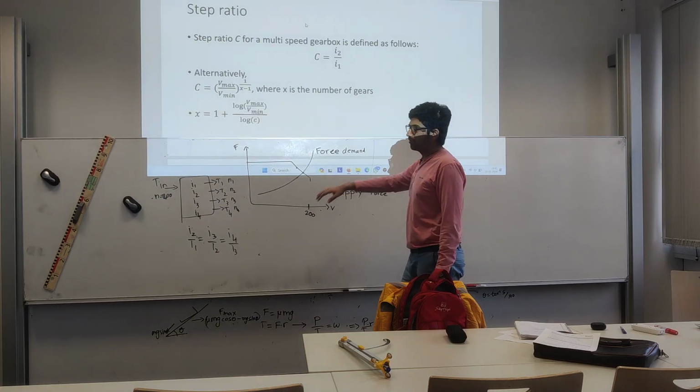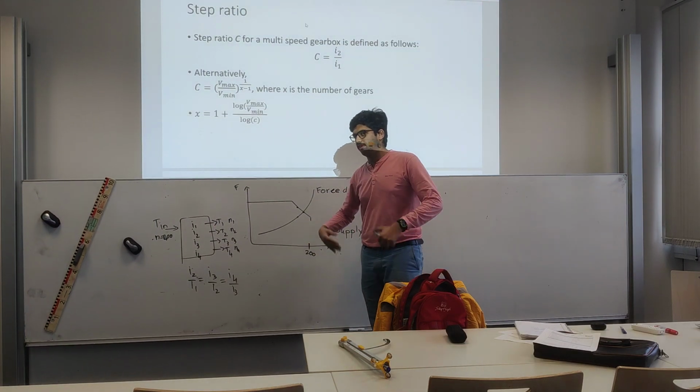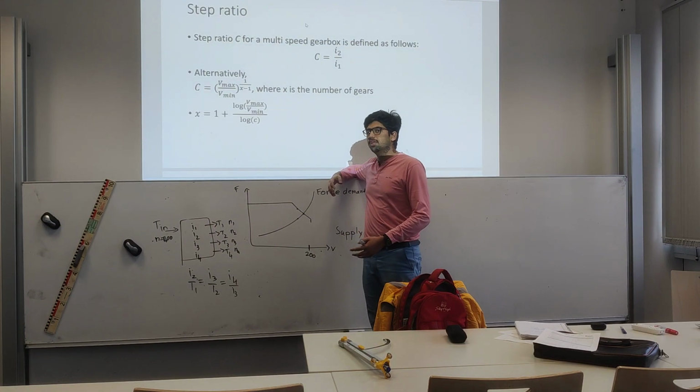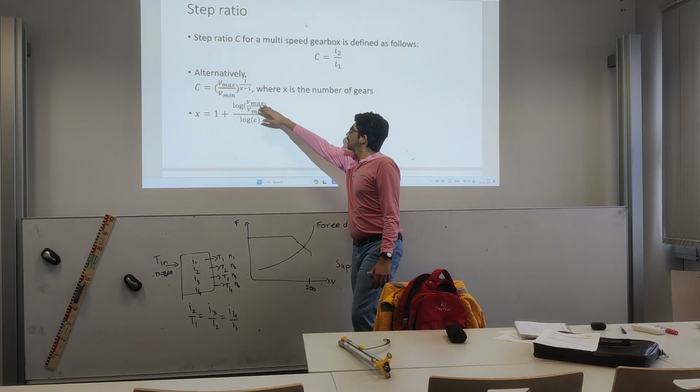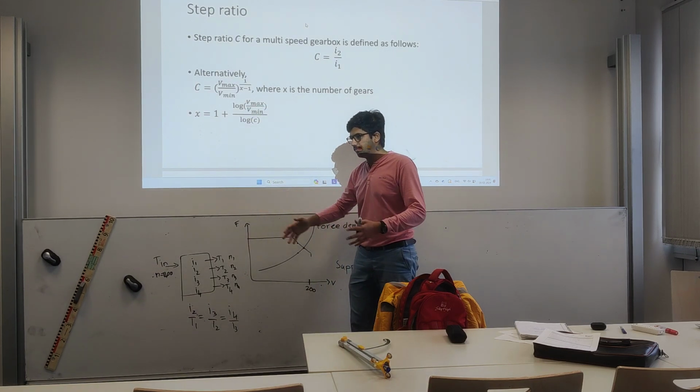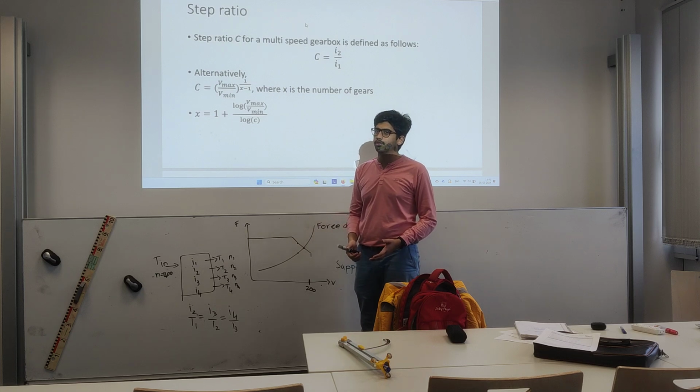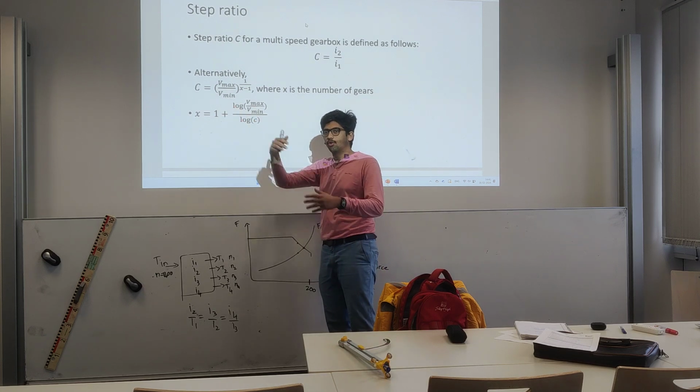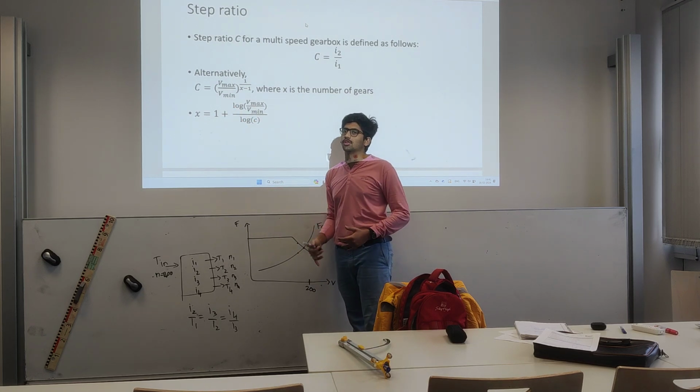So you know your Vmax that your vehicle is going to reach, you know the Vmin it needs to operate at, and you know for your constraints how many gears you're going to split into. Then you get the C, so that you know the actual gear ratios, how many teeth to put on each gear.